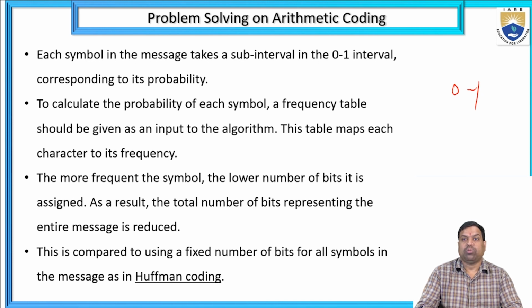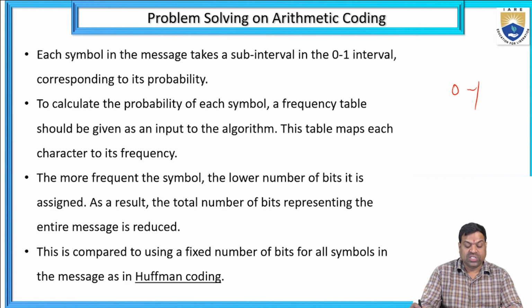To calculate the probability of each symbol, a frequency table should be given as an input to the algorithm. This table maps each character to its frequency. The more frequent the symbol, the lower the number of bits assigned. As a result, the total number of bits representing the entire message is reduced, compared to using a fixed number of bits for all symbols in the message as in Huffman coding.